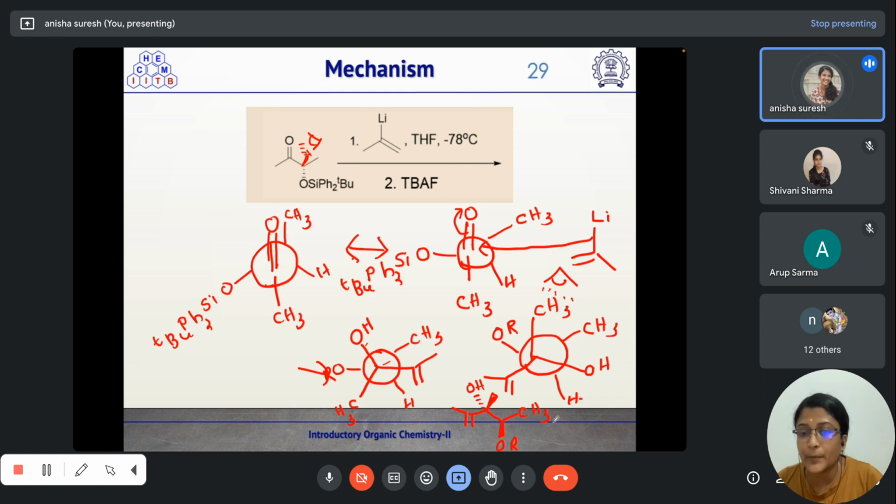So this is our product. If we are treating it with TBAF, this R group will be deprotected and we will get OH, OH and CH3.